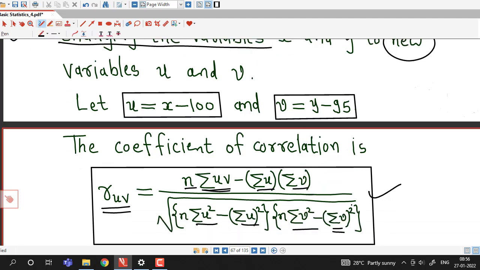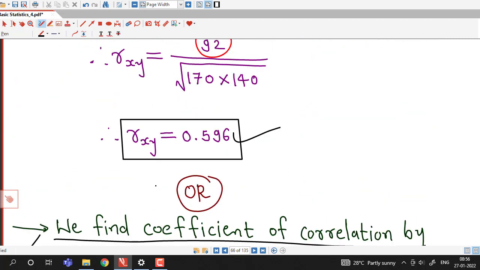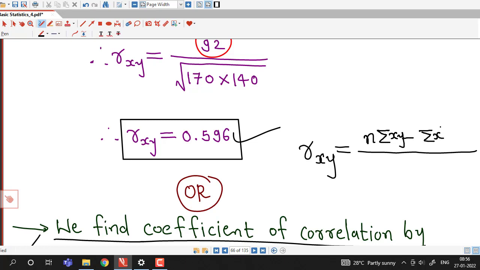Either we are using step deviation method or we are using the original variables. But if x and y have means which are not integer, then it is advisable to use this formula. If x bar and y bar are not integer, then we will use this formula.